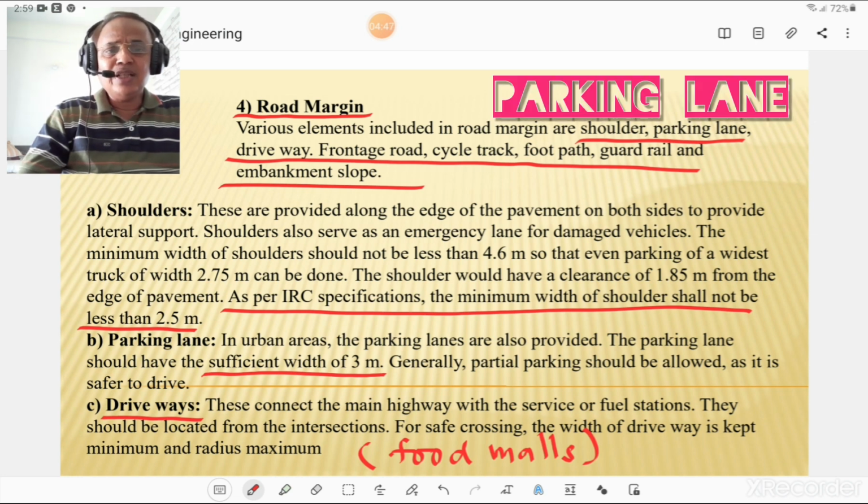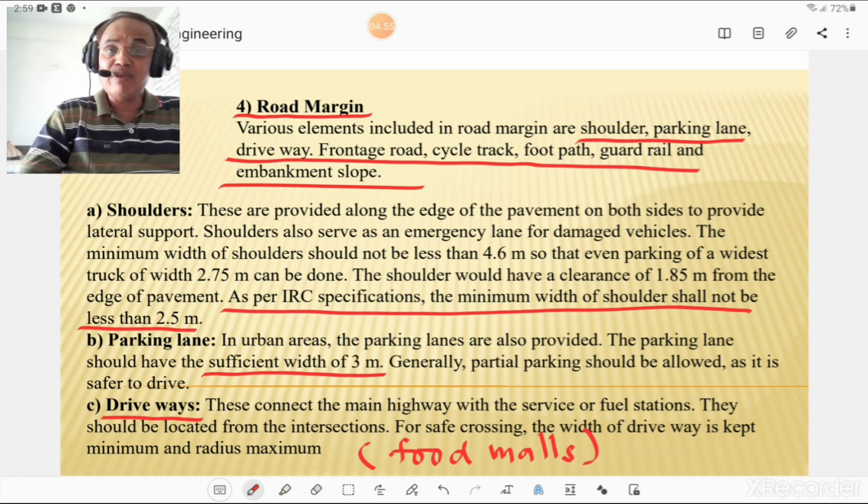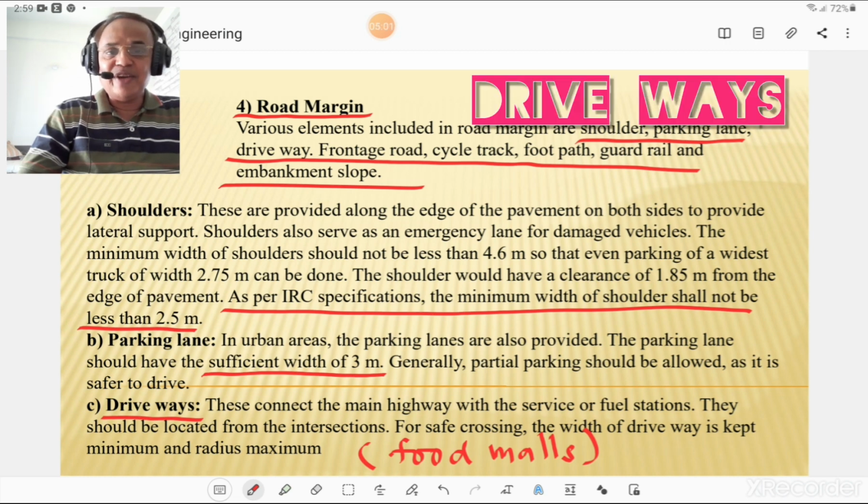Parking lane. In the urban areas, the parking lanes are also provided. The parking lane should have sufficient width of 3 meter. You must know that the parking lane must have width of 3 meter, and generally partial parking should be allowed as it is safer to drive. Then driveways are nothing but slip roads or service roads, and these connect the main highway with the service or fuel stations.